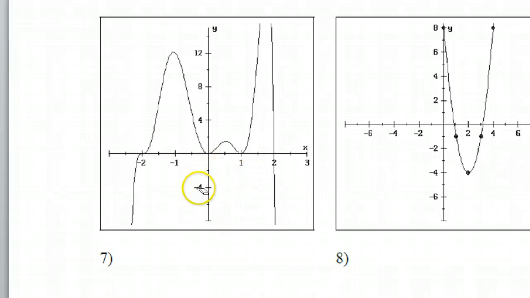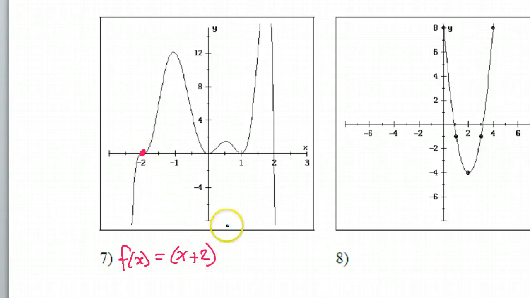So looking at number 7, I've got my first 0 here at negative 2. So that'll be x plus 2. And that's an inflection, so that'll be third power. All right, next I have a 0 here at 0.